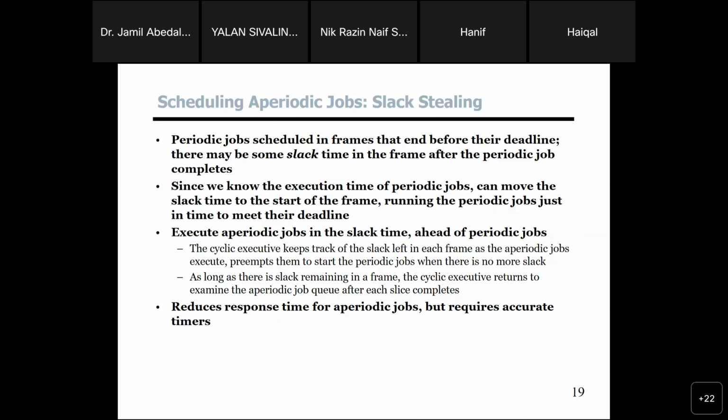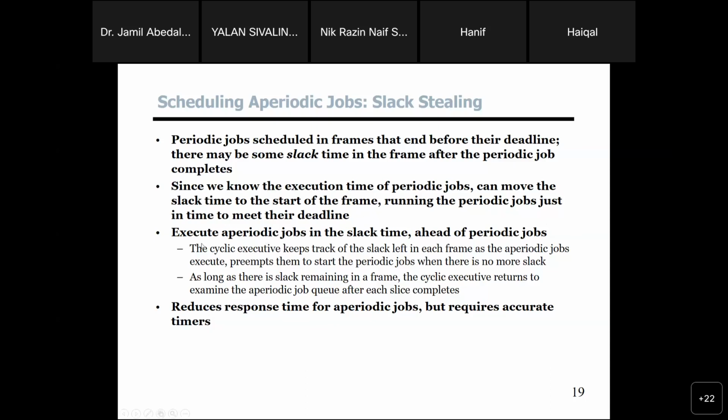But in slack stealing scheduling, we can move the slack time to the start of the frame, to the beginning, to run the aperiodic job, if, this is the important condition, if periodic jobs can meet their deadline.